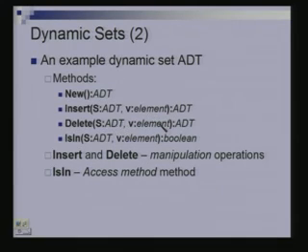Similarly, this removes the element V from the set S. So, these are two methods for updating the set. This is a method for constructing the set, and this is one of the access methods. All it is telling us is whether this element is in the set or not. The return value is of type Boolean. If V is in the set, then it says true and otherwise false.